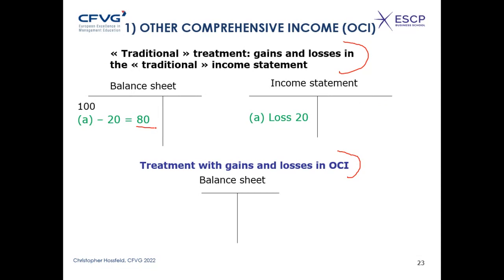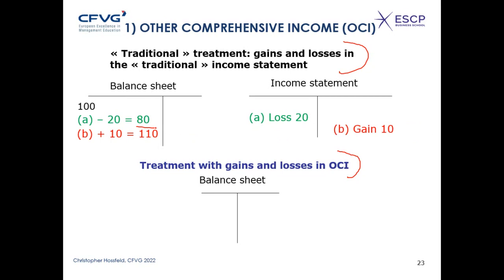Second scenario: the value of my asset increases up to 110. Hypothetically, I could increase the value of my asset by 10 to 110, and obviously the plus 10 is a gain, which potentially could be put in the income statement. That would be regular accounting.